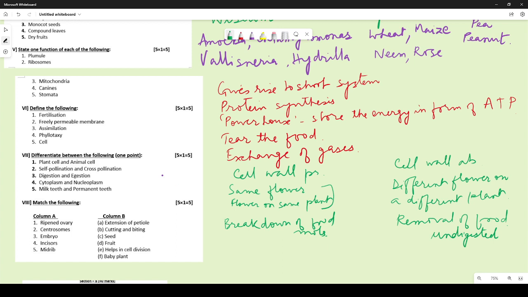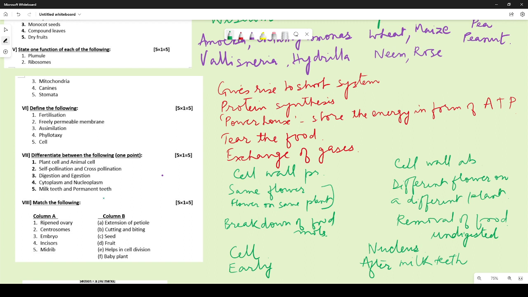Cytoplasm and nucleoplasm. Cytoplasm is the fluid present in the cell. Nucleoplasm is the fluid present in the nucleus. Okay. Now milk teeth and permanent teeth. Milk teeth are the early teeth found in children which fall off, whereas the permanent teeth are the teeth which come after the milk teeth fall off, right? So that can be one difference between them.